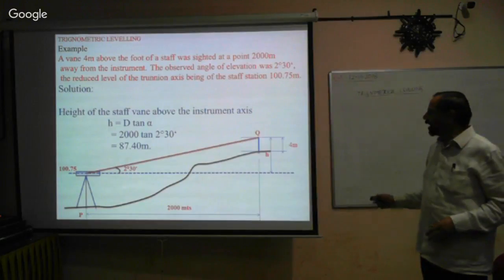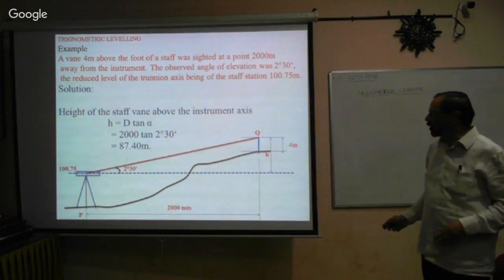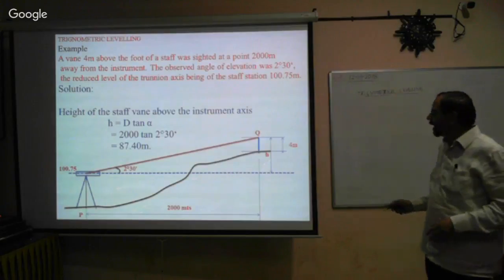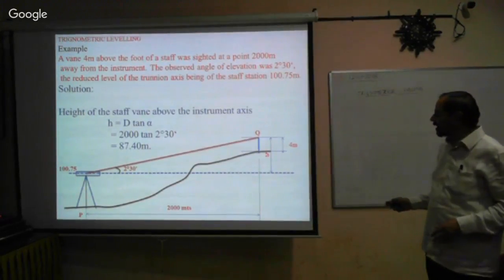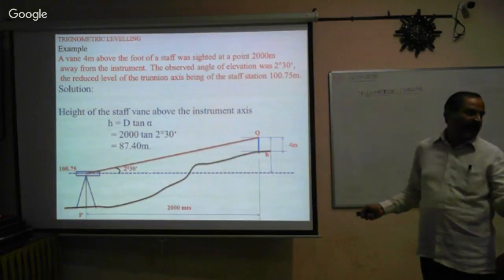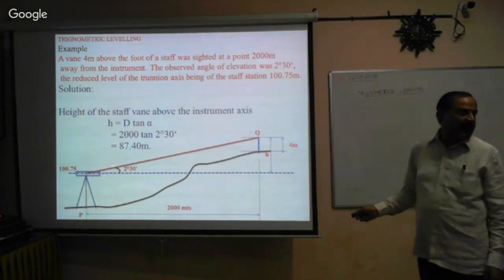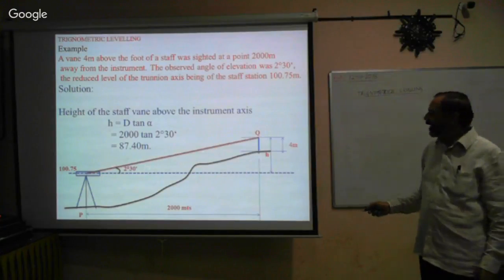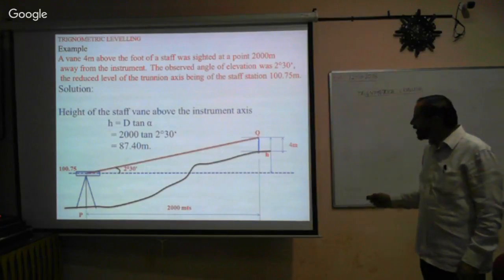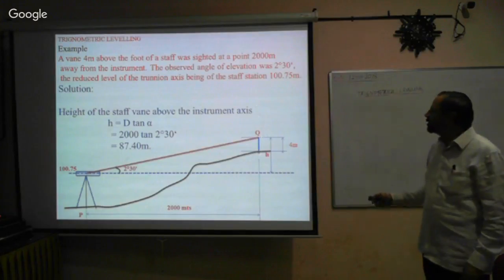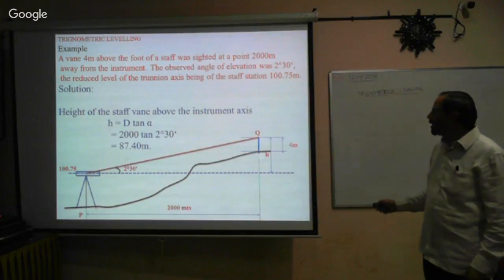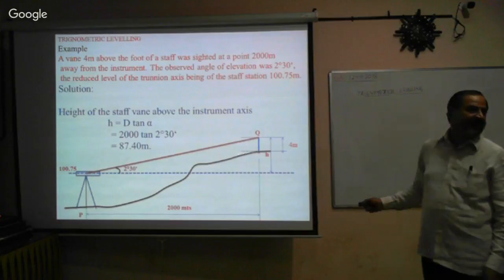Now just calculate, distance is known. Calculate this height h. H is equal to D tan alpha, simple, with alpha 2 degrees 30 minutes. Then minus 4 meters, that gives the RL of the staff station.